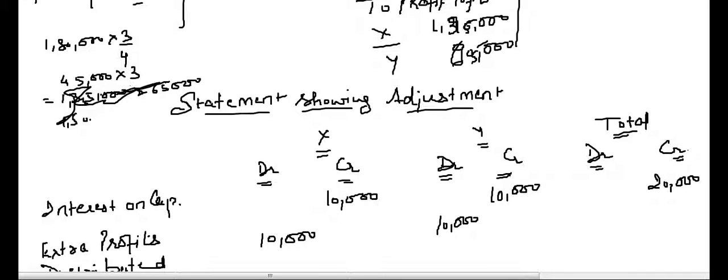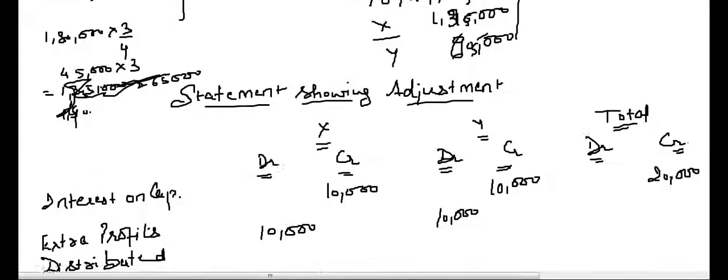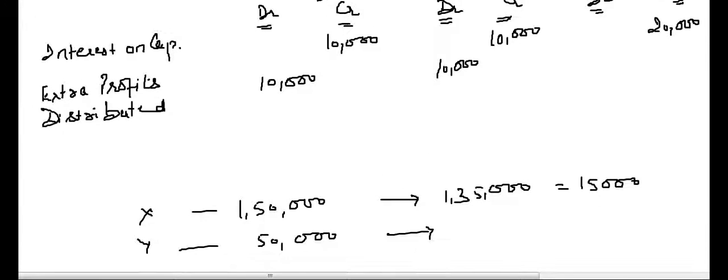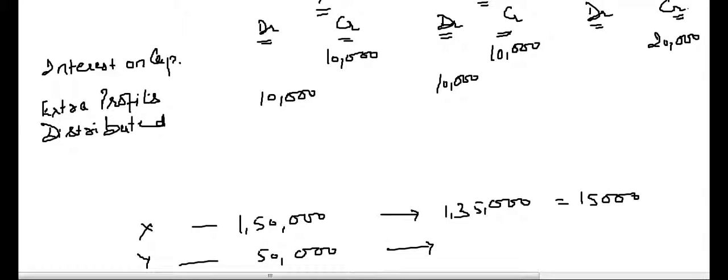There is 1,80,000, 45,000. Interest on capital is 20,000.